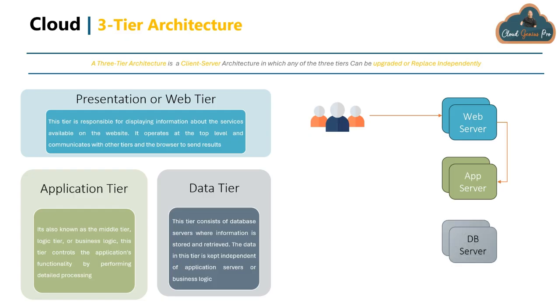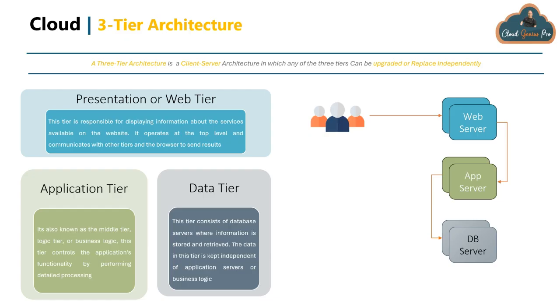It will communicate independently again with the database server, and the response will be received against the actual request, and then that response will be sent to the end user. So in this way, the three-tier architecture communicates.